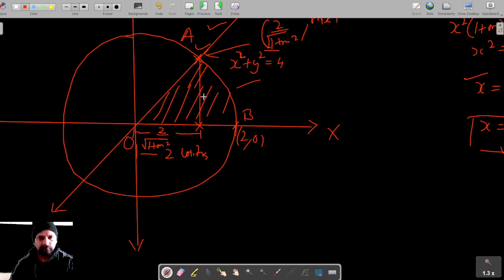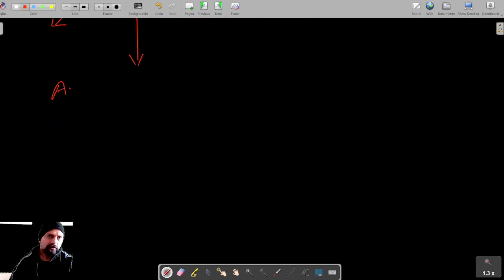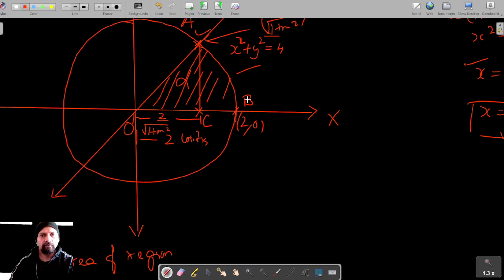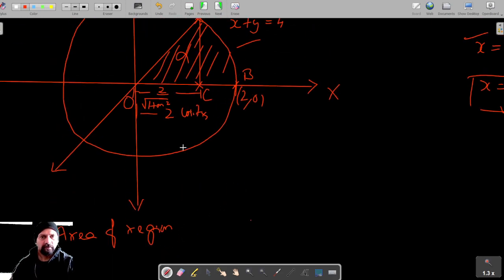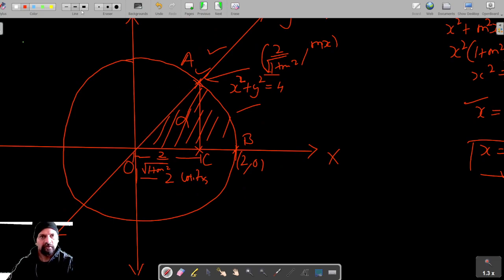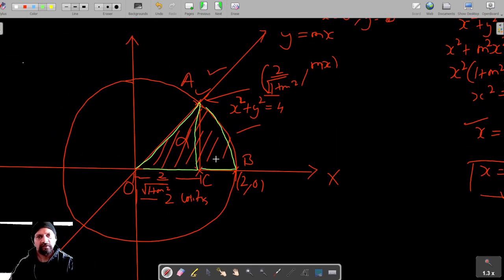Now let's say this is point C. The area of the complete region OABO is the area of region OACO plus the area of region ABCA.